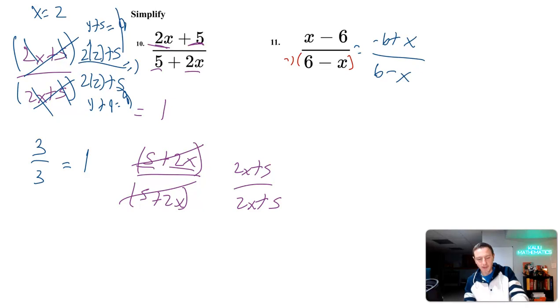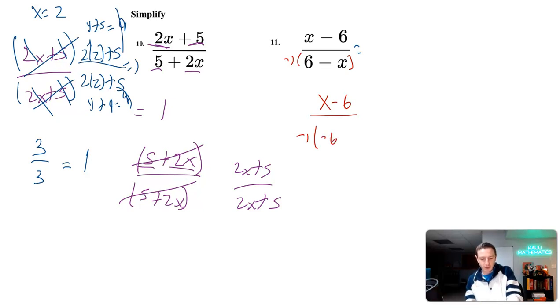What's going to happen then is I'm going to have x minus 6 over negative 1 times, and then what happens from here? Well, if I take out a negative 1, this becomes negative 6. 6 becomes negative. Negative x becomes positive x. I can rewrite this one more time: x minus 6 over negative 1 times x minus 6.